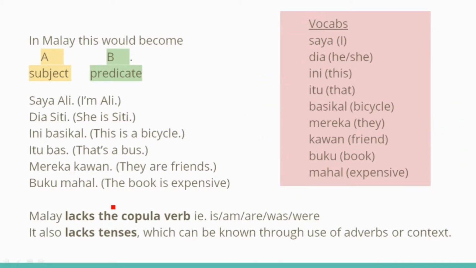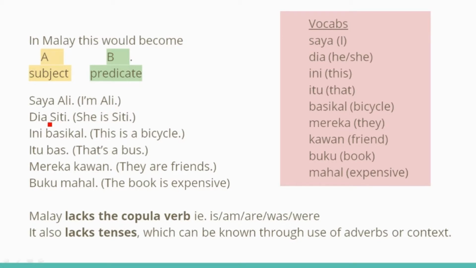So as you can see from these sentences, you will notice that the Malay language lacks the copular verb is, am, are, was, and were. For example, saya Ali. But in English, you would say I am Ali, not I Ali. You would have the verb am between the subject and the predicate.